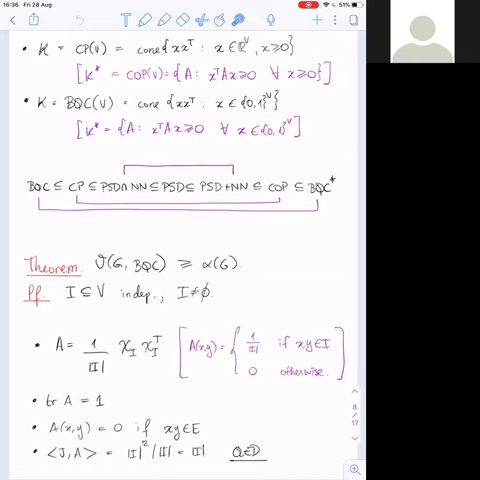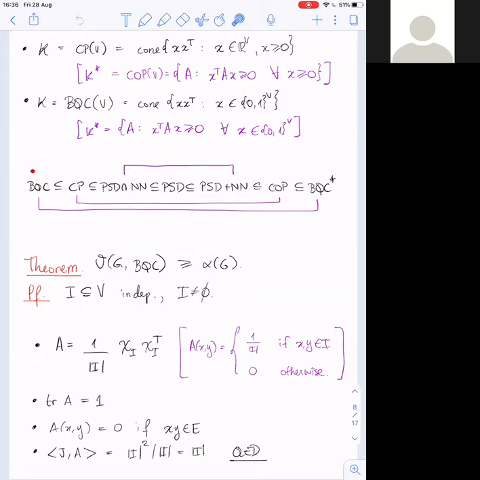And the dual of this cone is, again, the set of all matrices for which x transpose A x is greater or equal than 0 every time x is a 0, 1 vector. And here you have the inclusion chain of these things.